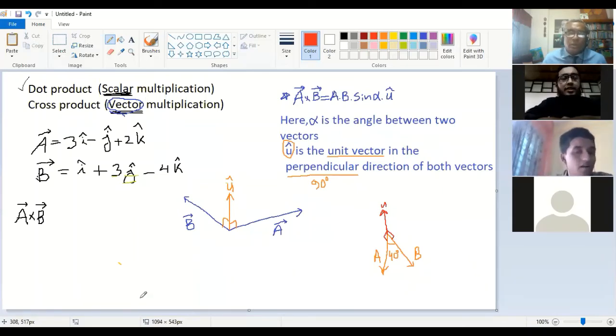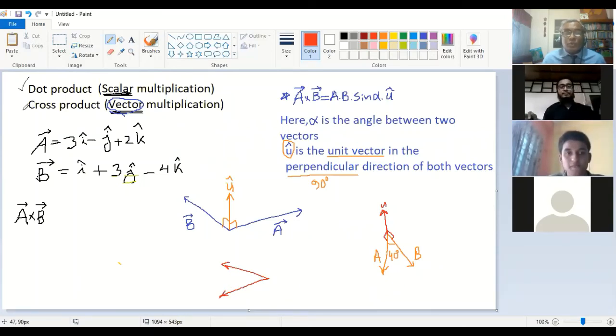Is the u vector only used in the cross product? Yes, only cross multiplication will include this u vector because the cross product is the vector product. In the dot product there is no unit vector like this.